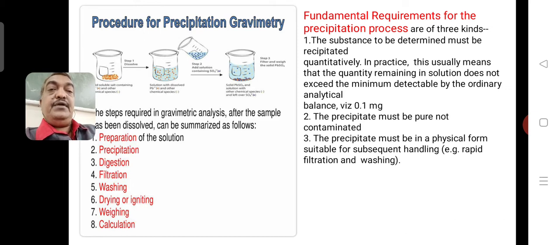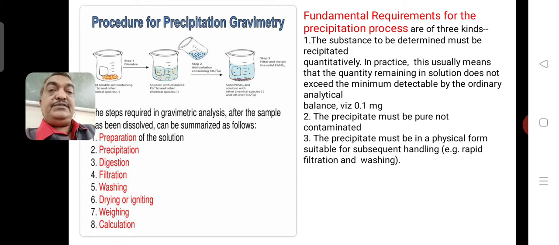So 25 ml of standard solution is taken in a beaker, containing some cation like barium, aluminium, iron or nickel, etc. Any one element is there, not all. Then you have to make a precipitation step.